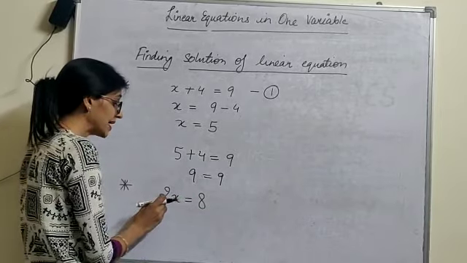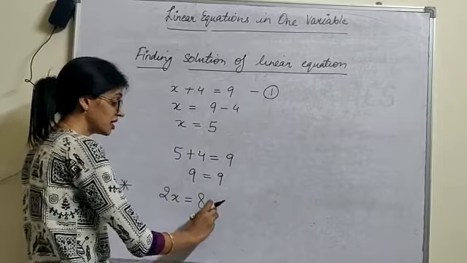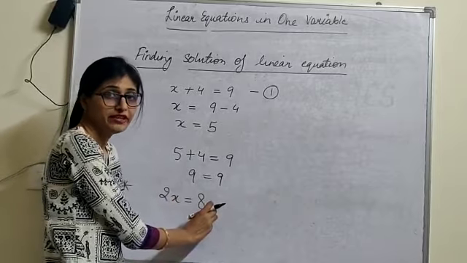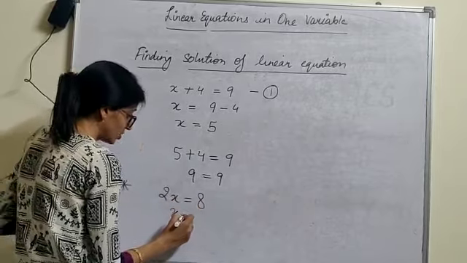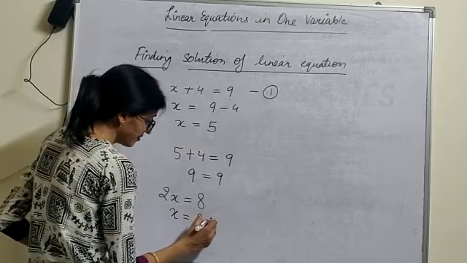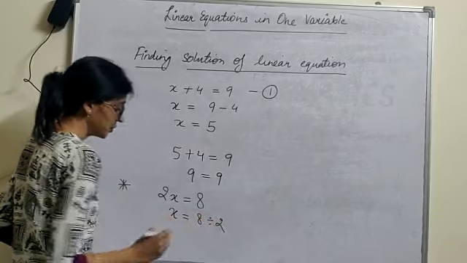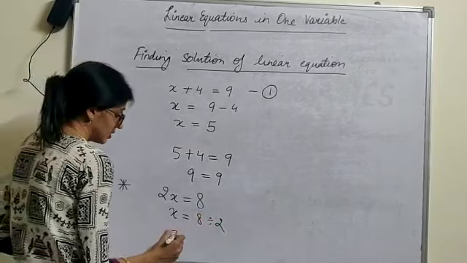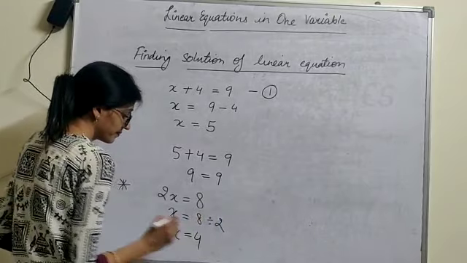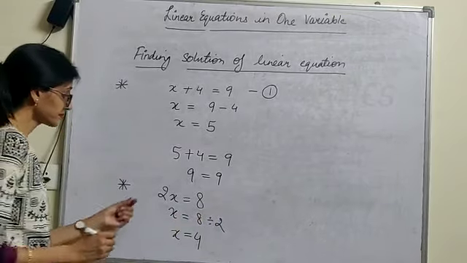Because multiply, when changes its position, it converted into division. So x equals to 8 divided by 2. X equals to 4. Okay.